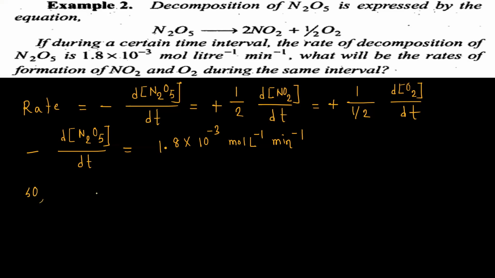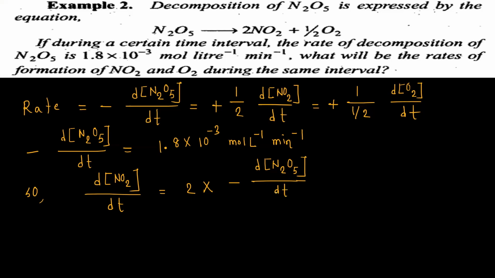So the rate of formation of nitrogen dioxide will be 2 multiplied by negative sign d of N2O5 divided by dt, is equal to 2 into 1.8 into 10 inverse 3.